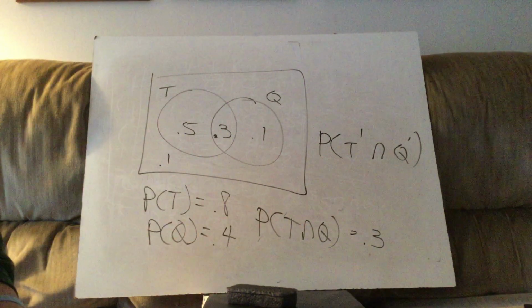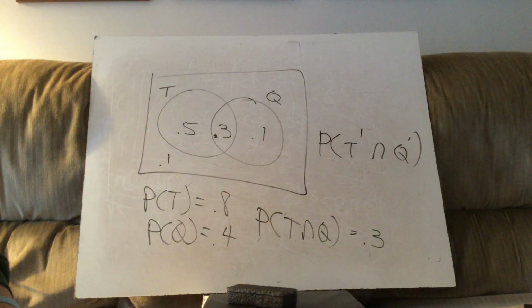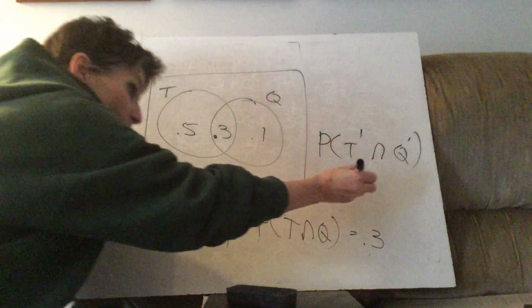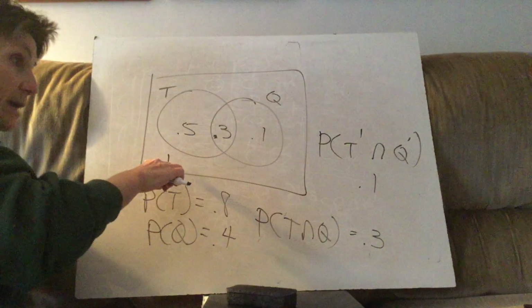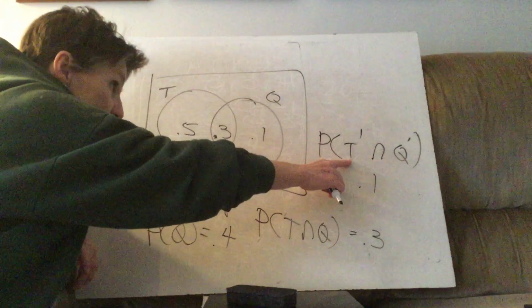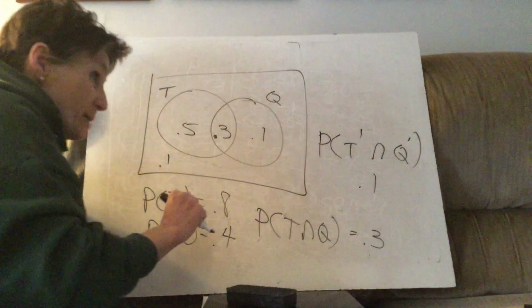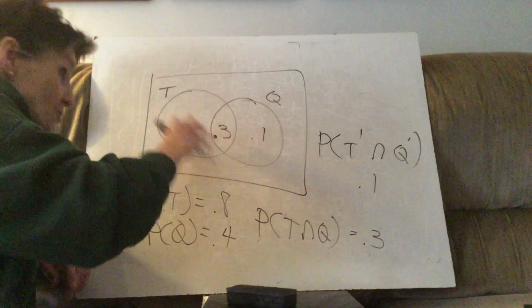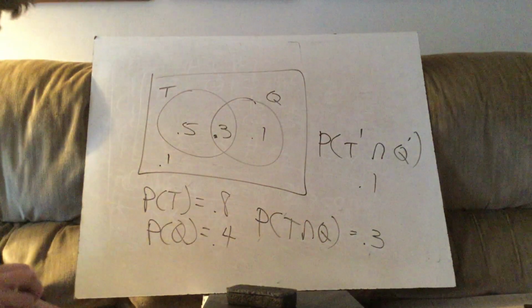So they don't like anything. So where are the people that don't like tacos and they don't like queens? Well, that would be out here, just 0.1. That's the people that are out here that don't like either one. They can't be in any circles. They have to be outside.